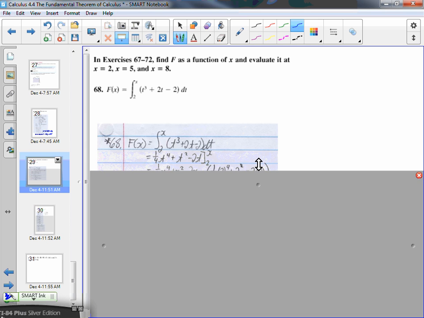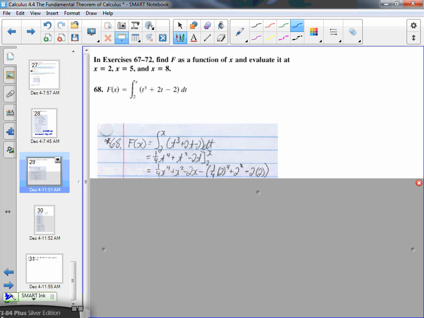Well, let's simplify that definite integral. So find the antiderivative, evaluate it from 2 to x. First we evaluate for x, then we put a minus sign, then we evaluate for 2.